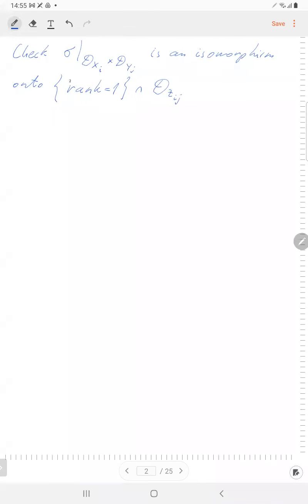Okay. And how do we do this? We just construct explicitly the inverse.